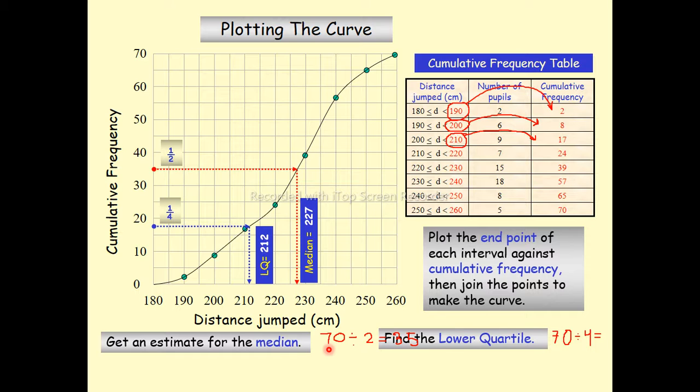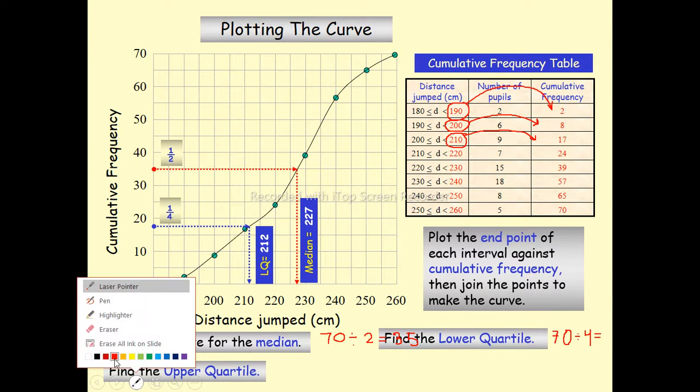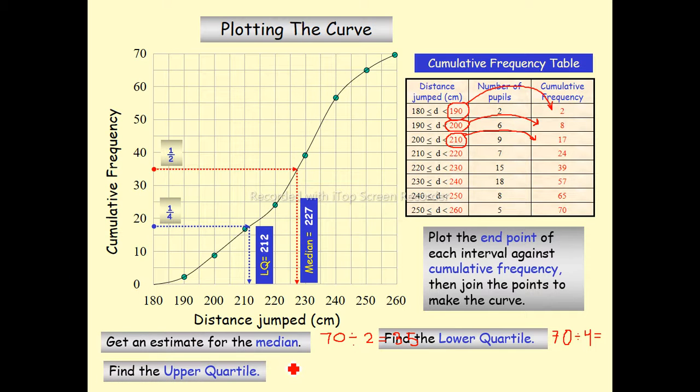Okay, so the next thing is the upper quartile. How do we find that? That's the one where you add something. There are different ways to do this, but the way I would recommend is 3 over 4 multiplied by 70.